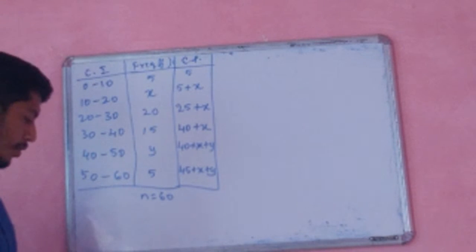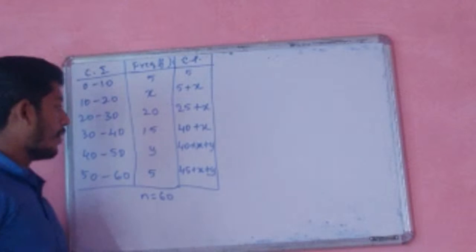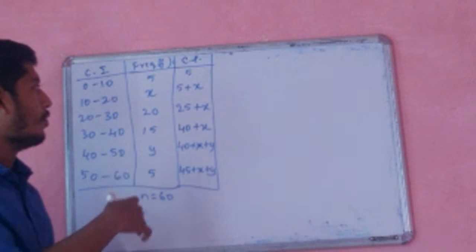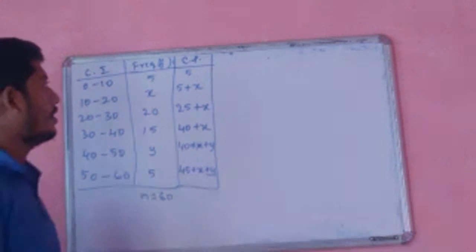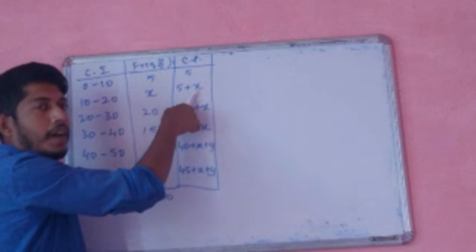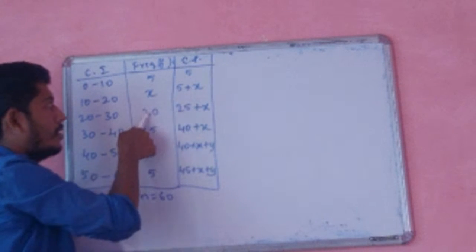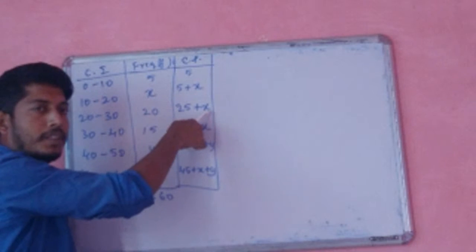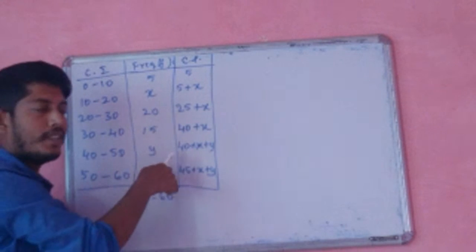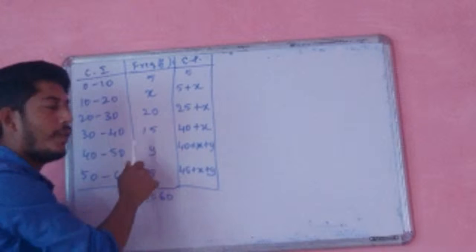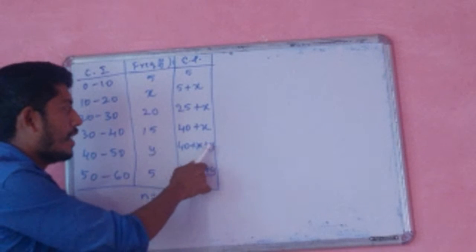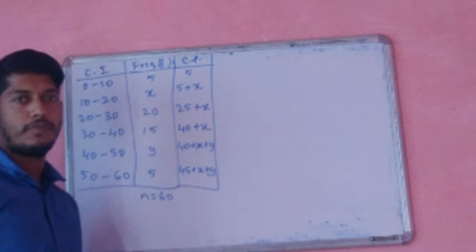Now we have found the cumulative frequency: 5, then 5 plus x, 25 plus x, 40 plus x, then another variable y, so 40 plus x plus y, then 45 plus x plus y.